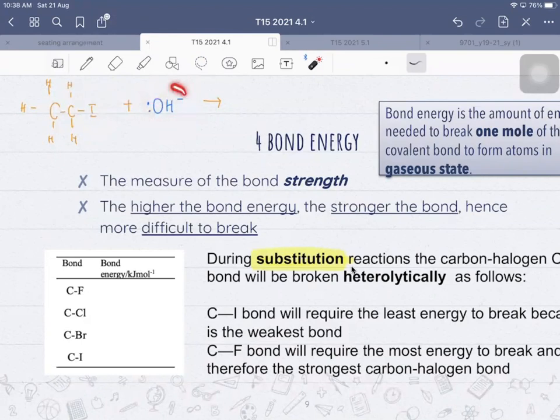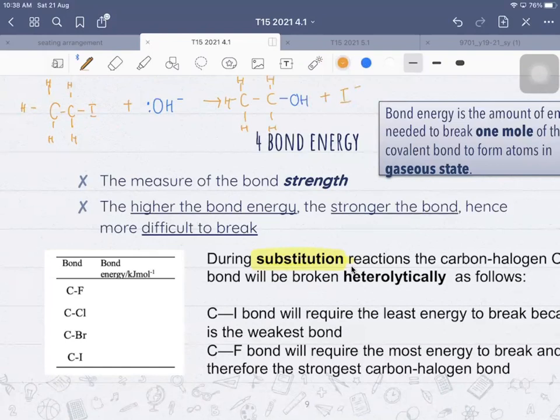So it's a nucleophilic substitution. Iodine in the halogenoalkane will be substituted with the hydroxide ion. I think you can all predict the product: it has now become an alcohol plus iodide ion.